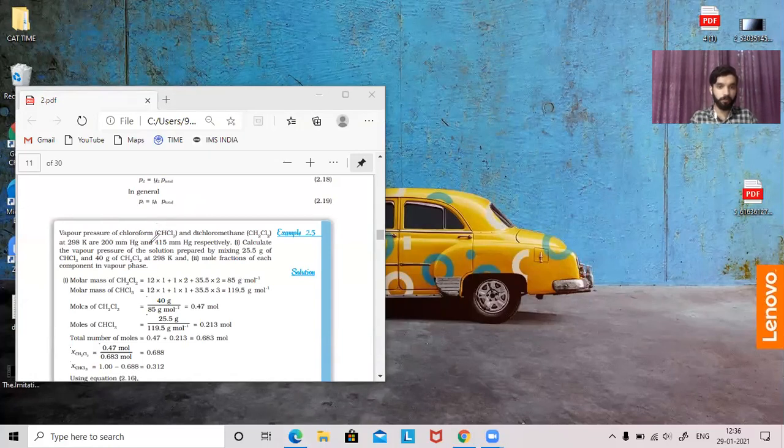The vapor pressures of chloroform, CHCl3, and dichloromethane, CH2Cl2, at 298 Kelvin are given as 200 mmHg and 415 mmHg.